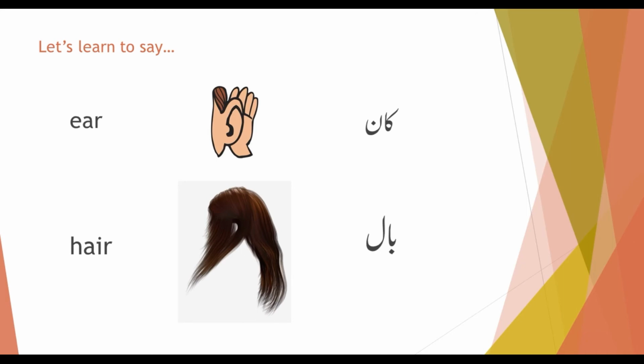In English we say ear, and in Urdu, kaan. In English we say hair, and in Urdu, baal. Now let's repeat one more time. Ear, kaan. Hair, baal. Repeat many times for practice.